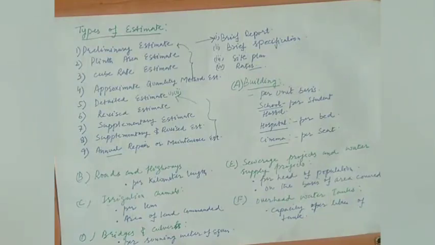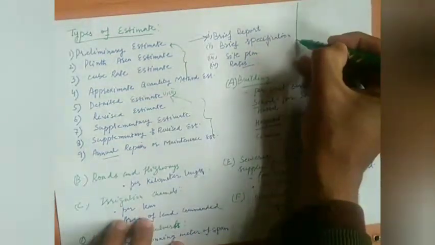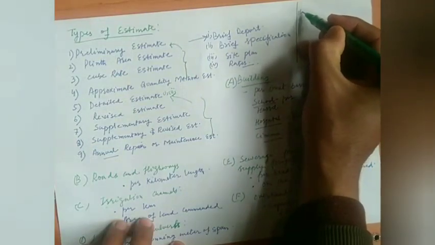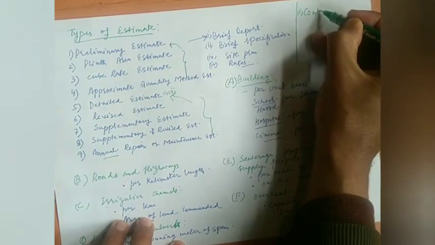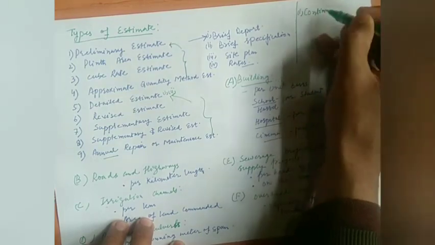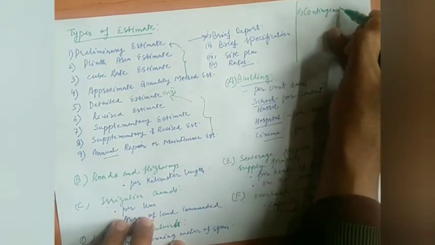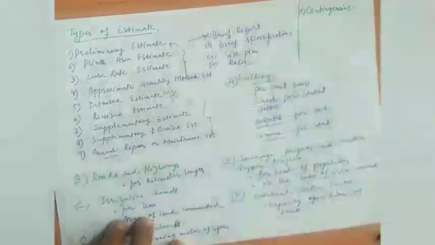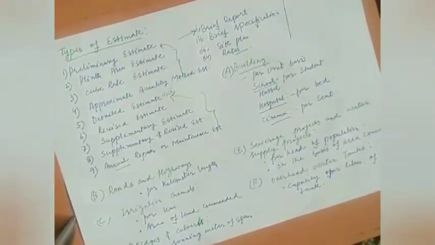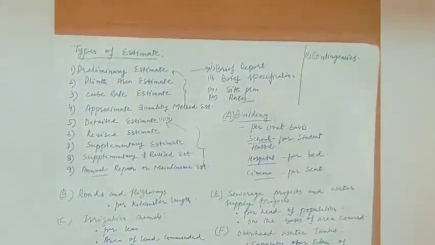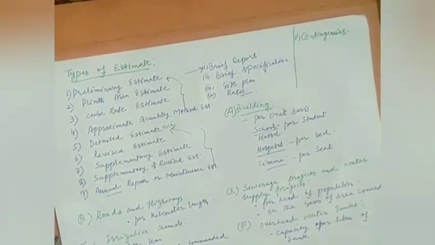Now after that we need to understand a few terms. I will write them there. Like, we need to understand the term contingencies. Now what does contingency mean? It indicates some incidental expenses of a miscellaneous character.